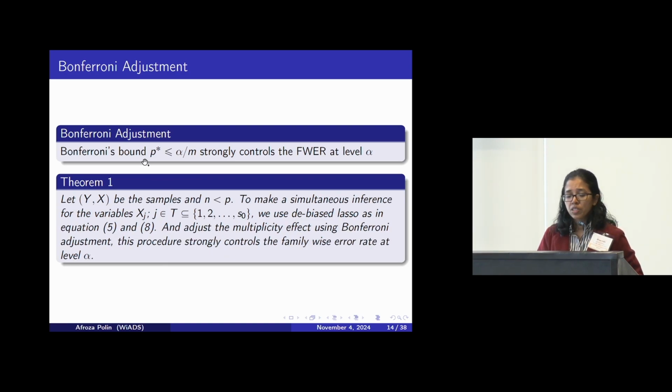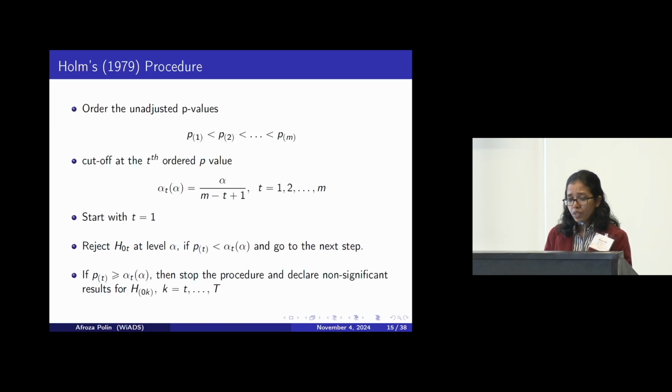So the Bonferroni adjustment says if you test M hypotheses, then you need to divide alpha by M to compare your p-values when you make those inferences. And our process does not work very well, but in a small setup, it worked well to maintain the family-wise error rate.